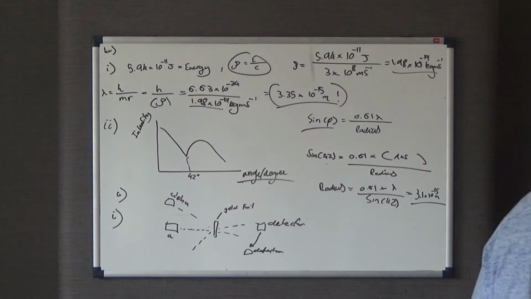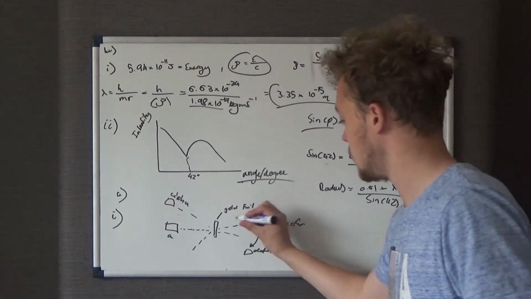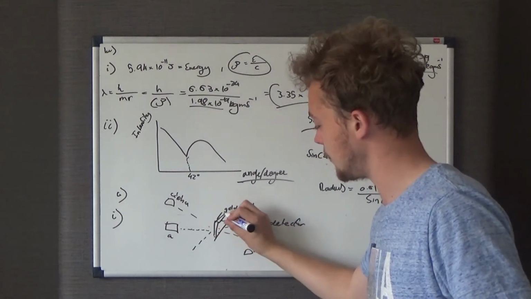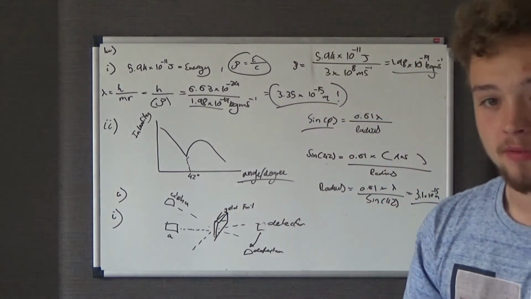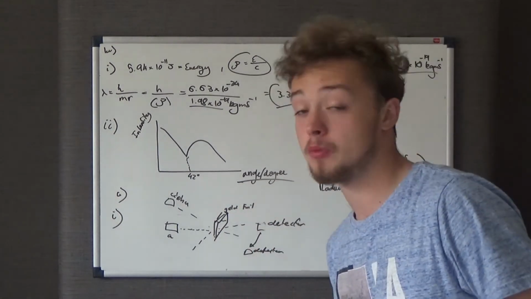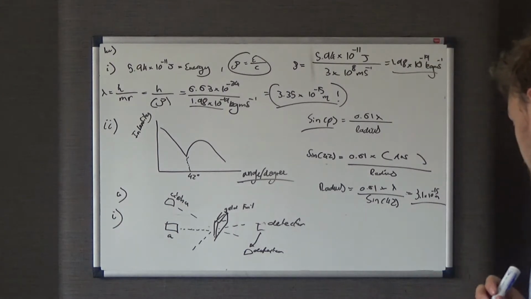So you need to show the gold foil as something like that, if you didn't want to draw the detector more than once. Hopefully that explains it to you. But as I say, it's only worth 2 marks, so it's not the end of the world.